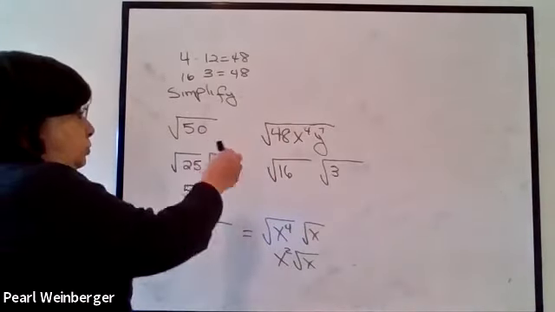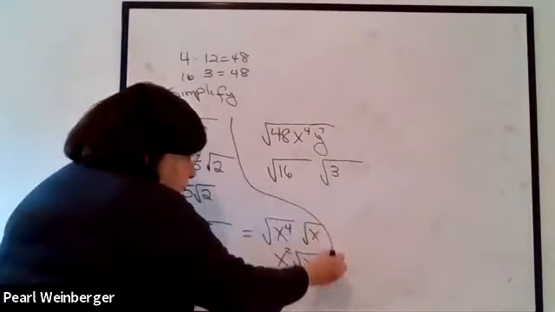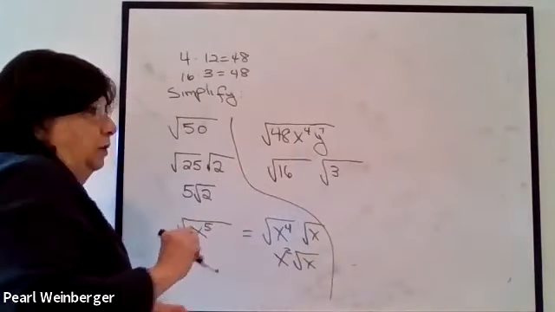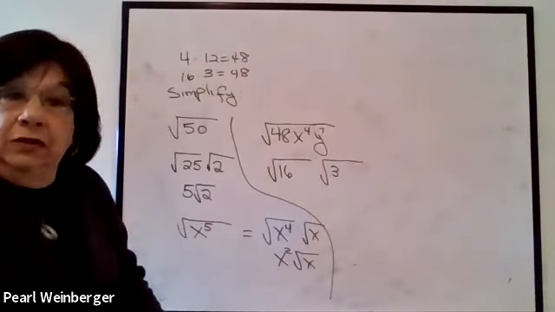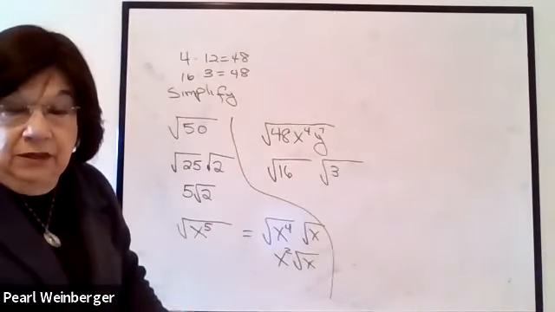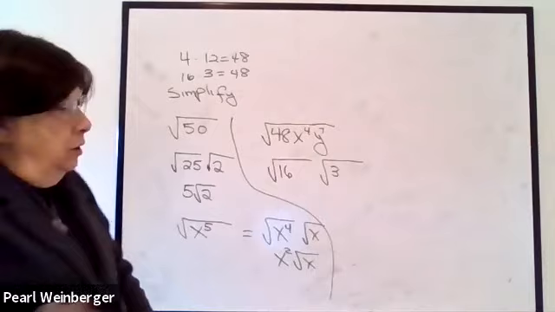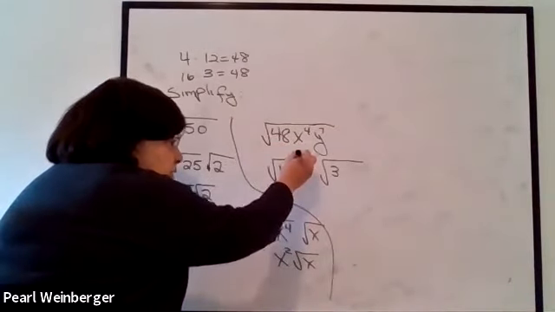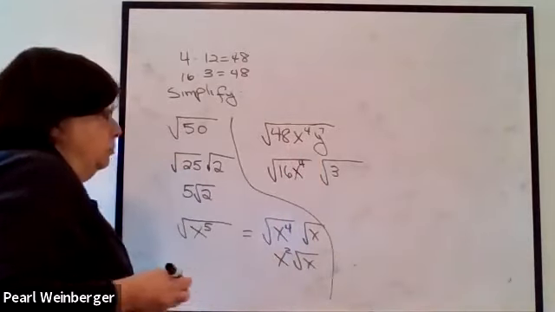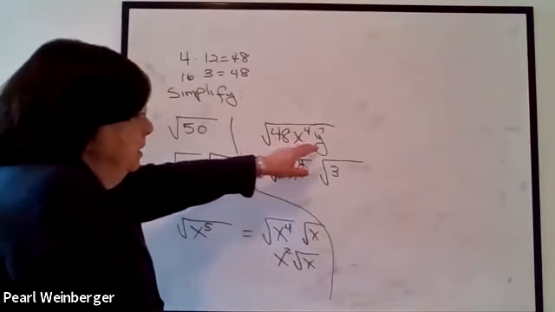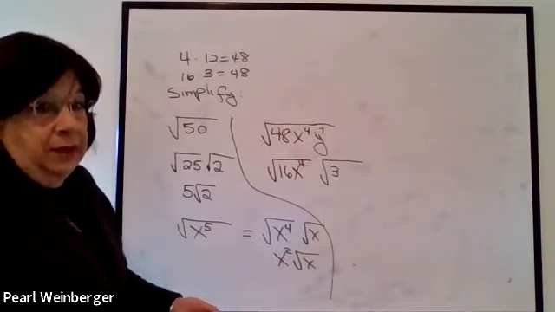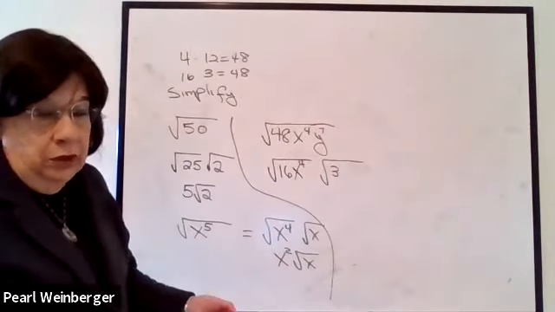When it comes to the variables, the first thing I see is an x to the fourth. Now, x to the fourth is a perfect square because its exponent is even. So I don't have to do anything. I don't have to split that up. I just put the x to the fourth in that first radical. And then I go to the y to the seventh. Now, y to the seventh, if I divide that by 2, is going to give me a fraction or a decimal.